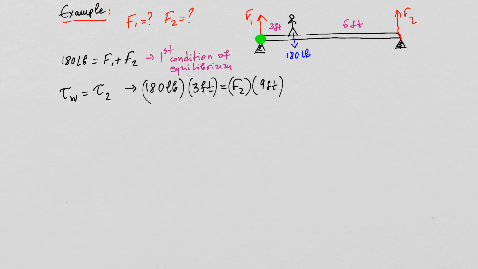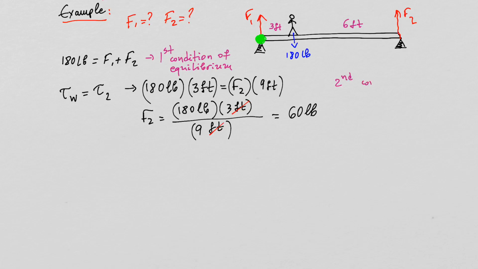Alright, so now I just need to calculate the result for F2. So F2 is equal to 180 pounds times 3 feet divided by 9 feet. The units of length cancel out, and the result is 60 pounds. So I've got that result by applying the second condition of equilibrium.